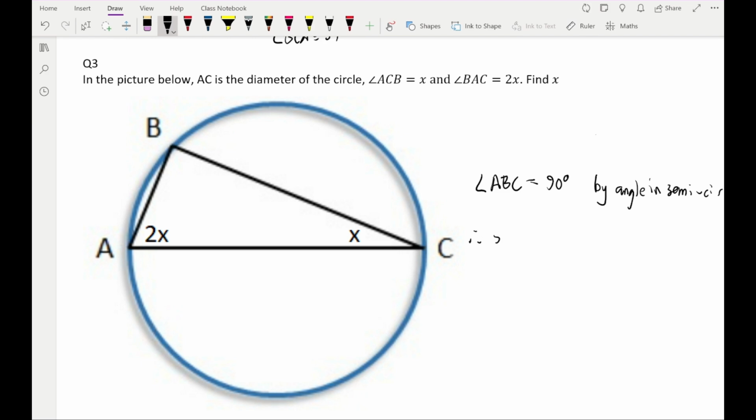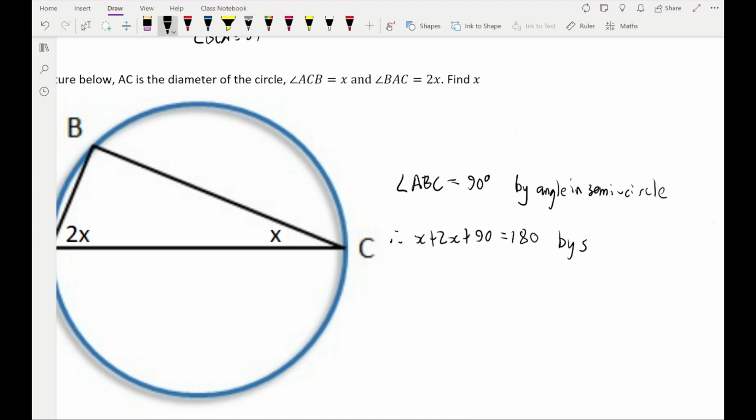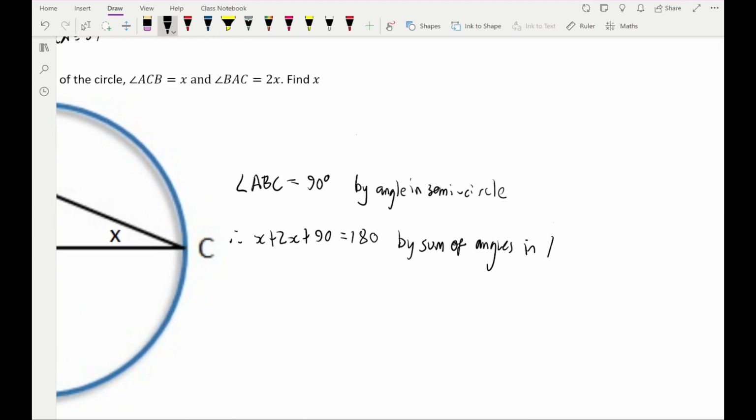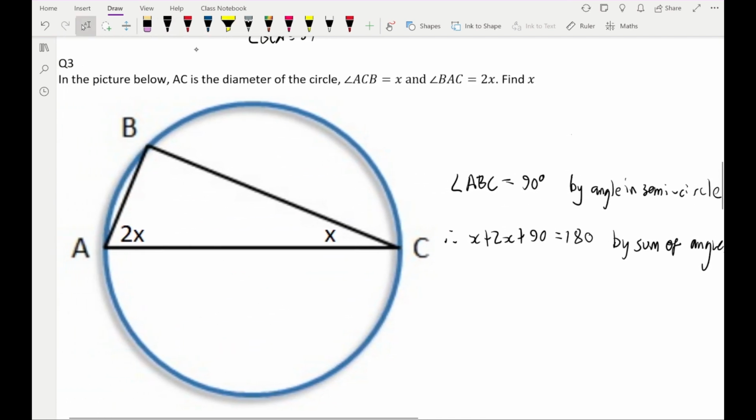Therefore, x plus 2x plus 90 equals 180. And that's basically the sum of angles in this triangle we have, so by sum of angles in triangle ABC, now we know they all have to add up to 180. Let's use that to figure out what x is.